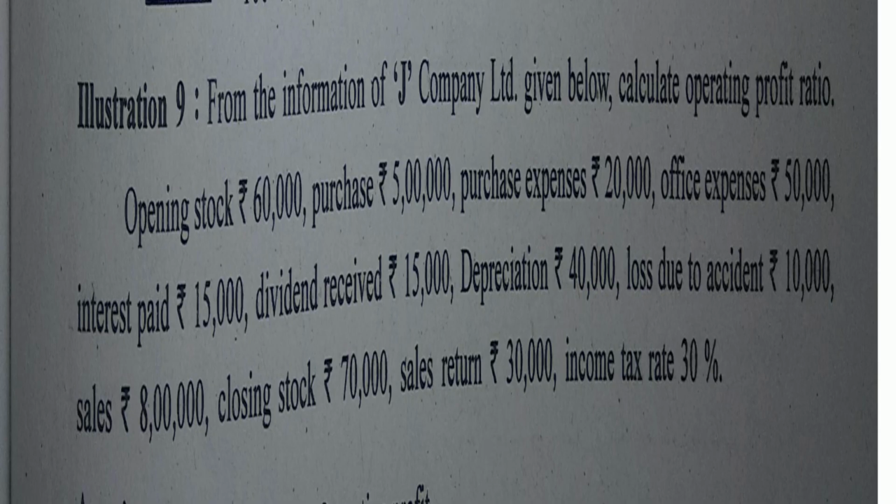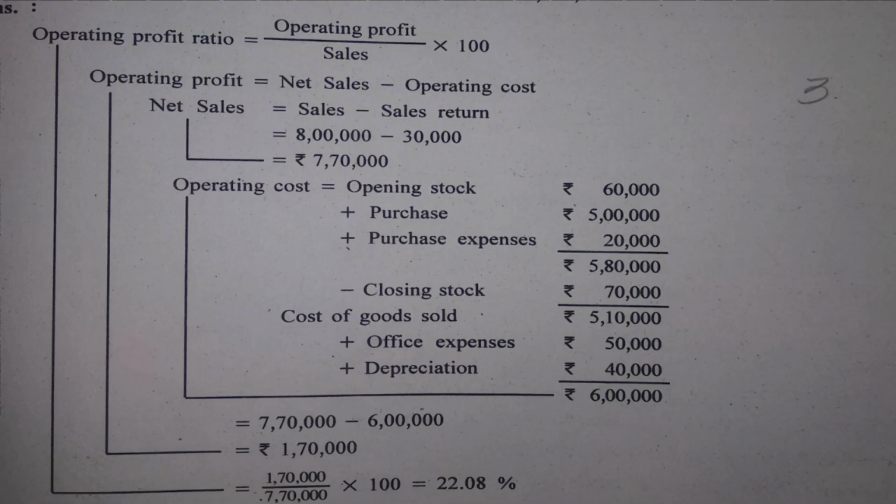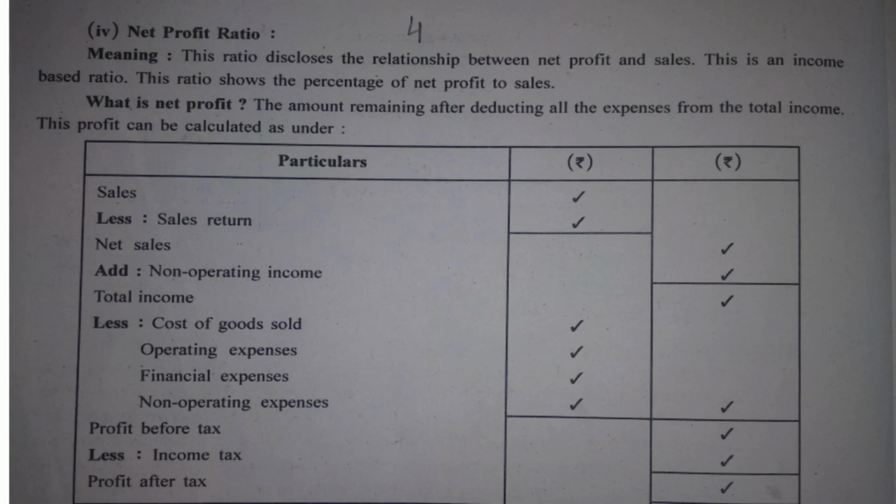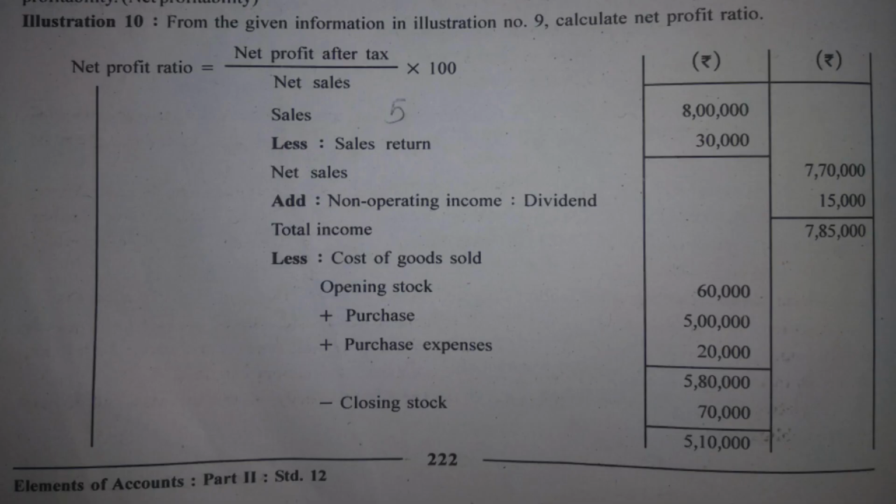There is no need of obtaining it again. You have solved it in illustration 9, so you can copy the same figures in illustration 10. Less COGS: opening stock plus purchase expense minus closing stock, and COGS is 5,10,000. We have obtained this in illustration 9 even.